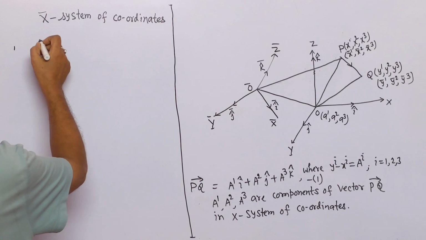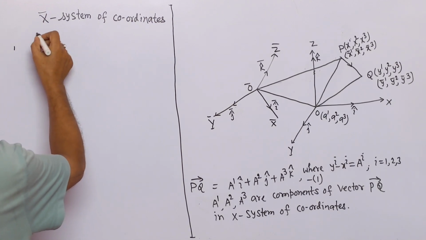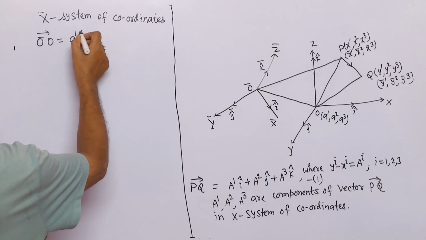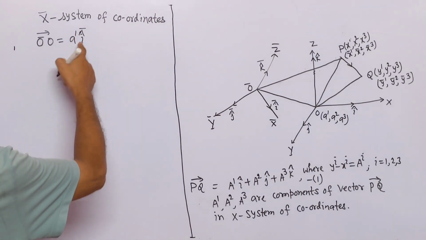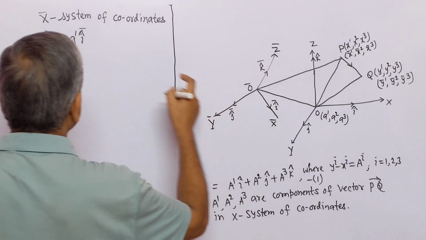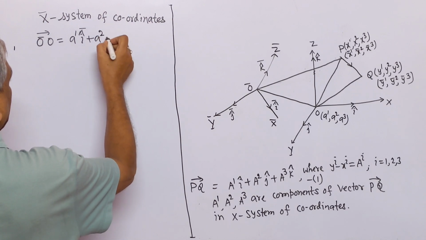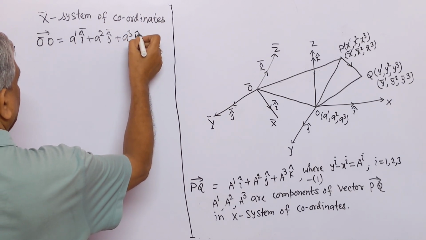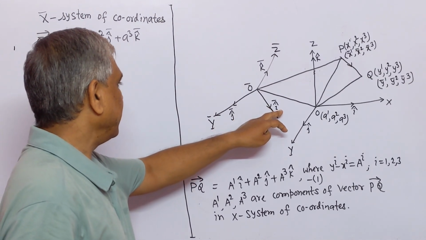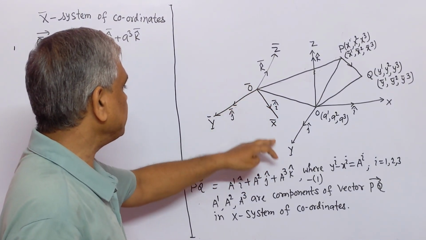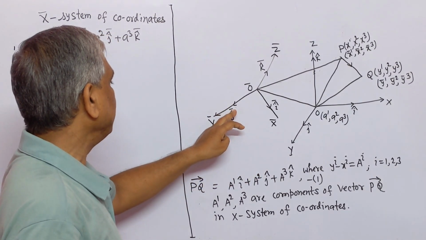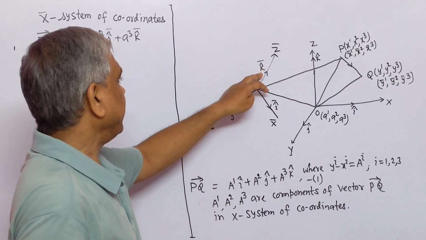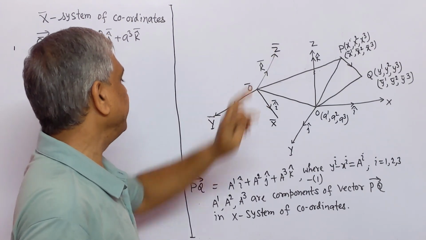Therefore, vector O bar O equals a1 i cap bar, the unit vector along x bar axis, plus a2 j cap bar plus a3 k cap bar, where i cap bar is the unit vector along x bar axis, j cap bar is the unit vector along y bar axis, and k cap bar is the unit vector along z bar axis.